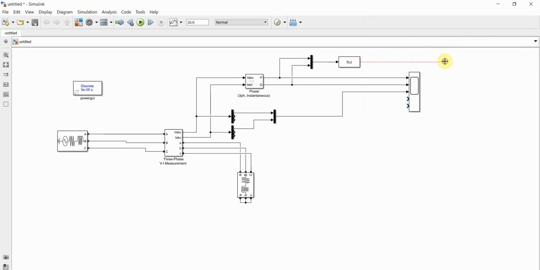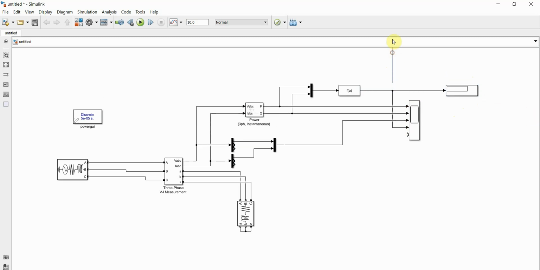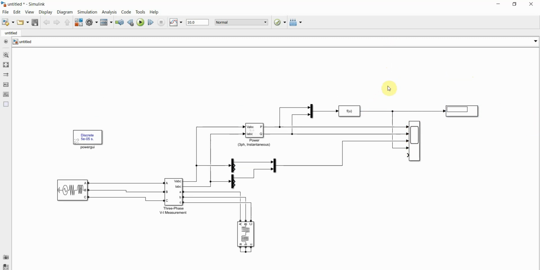Use a display here so that it will be visualized. Next, what about the power factor angle? If we have got the power factor, then getting the power factor angle is very easy.